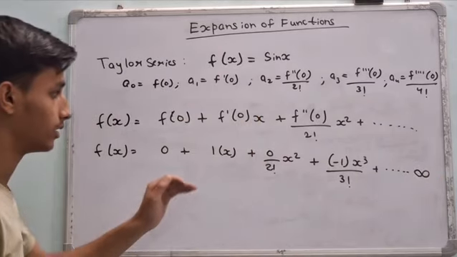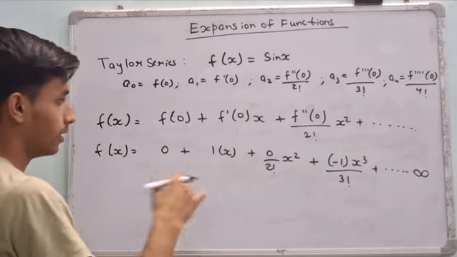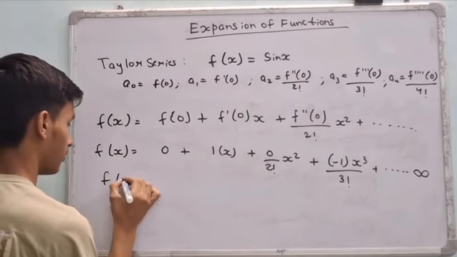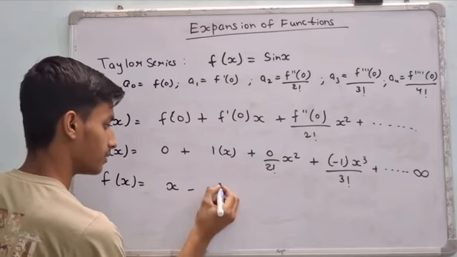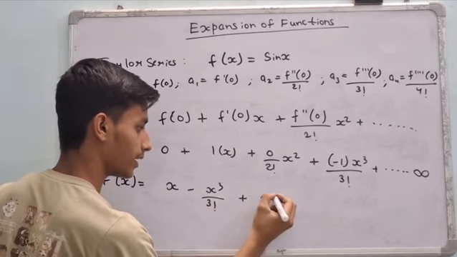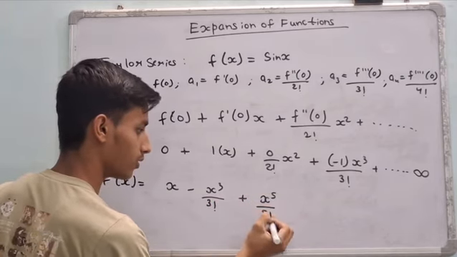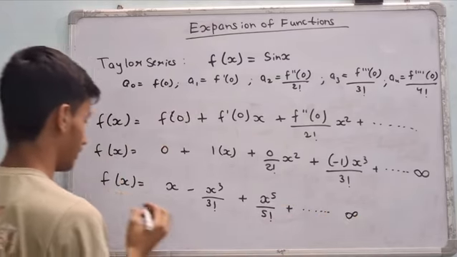After cancelling out the terms having 0 as their coefficient, we get that f of x equals x minus x cube over 3 factorial plus x raised to the power 5 over 5 factorial, plus till infinity.